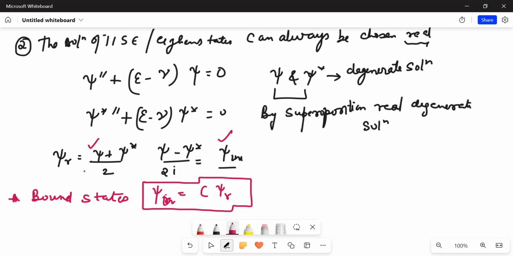The solutions can be real. Plus, if they are bound states of a one-dimensional potential, any solution is unique up to a phase, meaning these two real solutions are equal up to a constant.